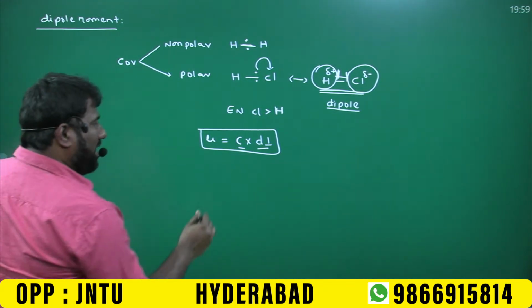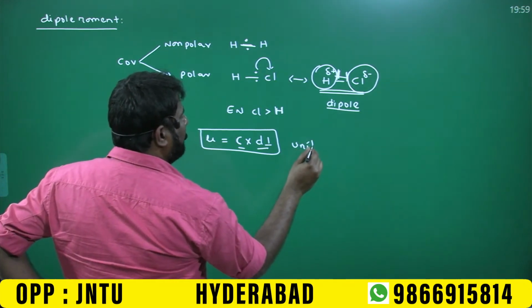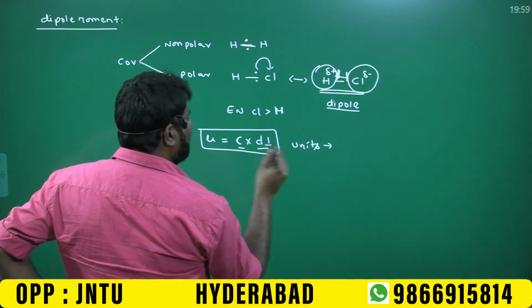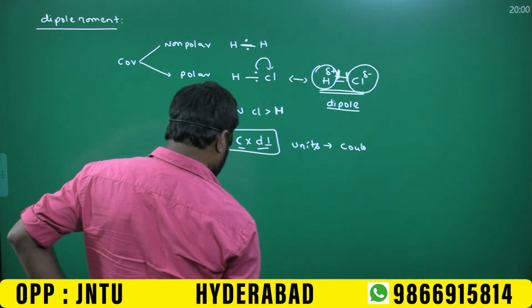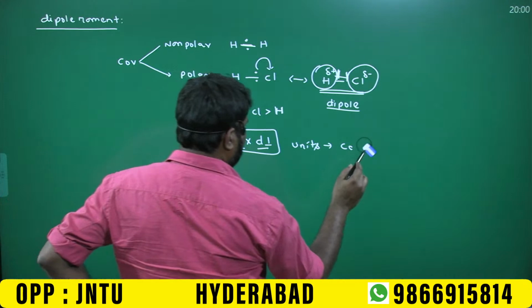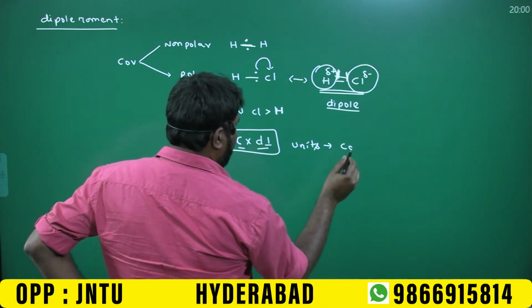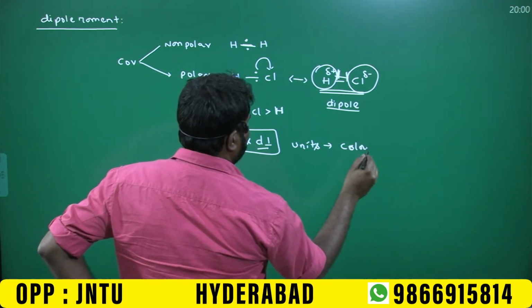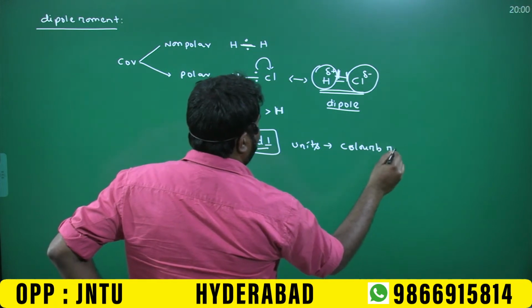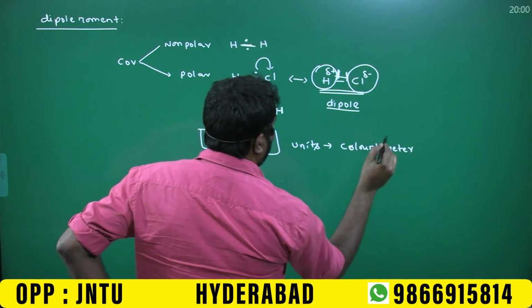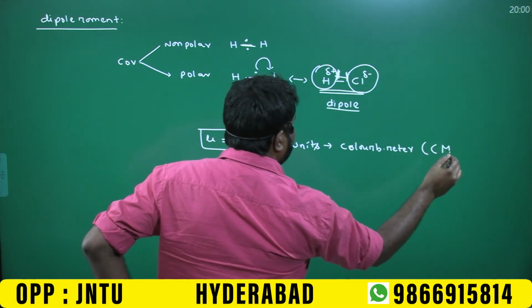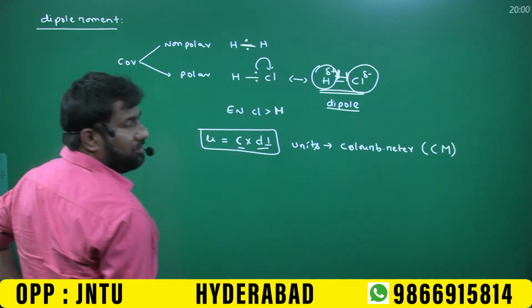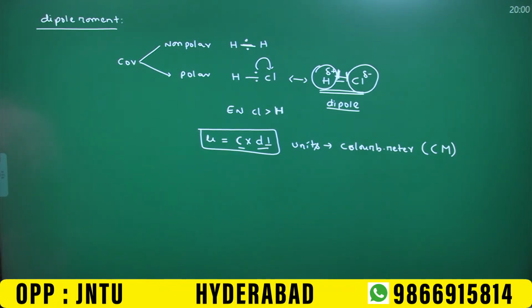What are the units? Charge is in coulombs, so the unit is coulomb meter, written with capital C and capital M. It is not centimeter.